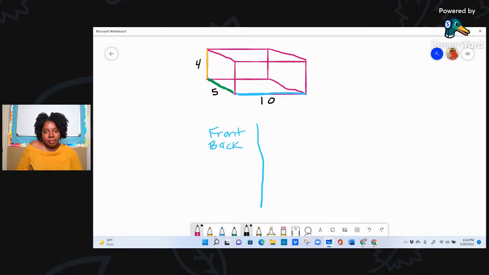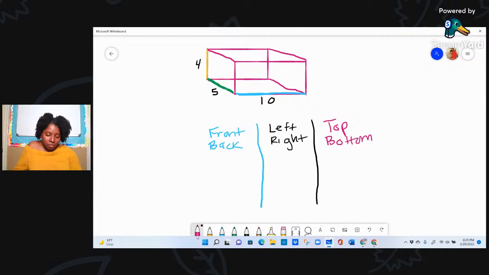We will have left side, right side. And what's the last one? Top and bottom. All right. Now, what shape? All the shapes in a rectangular prism are rectangles. So for rectangles, the area is length times width.